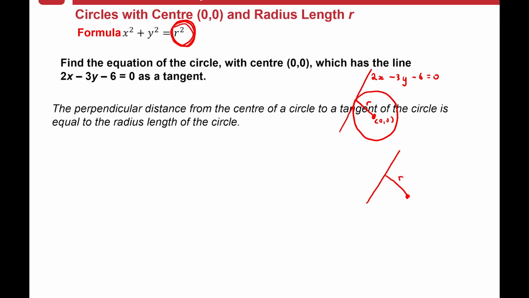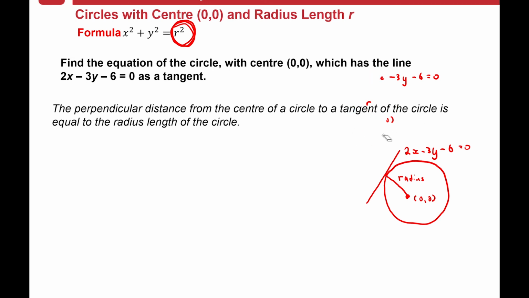So our perpendicular distance in this case is our radius. And we can use this information to find our perpendicular distance. Okay, so we're going to use this information to find what is that perpendicular distance, or what is the radius of the circle.